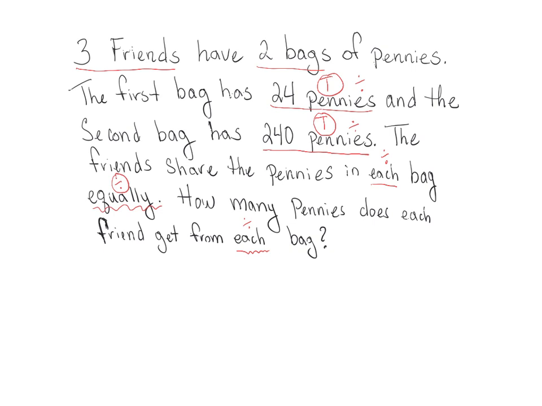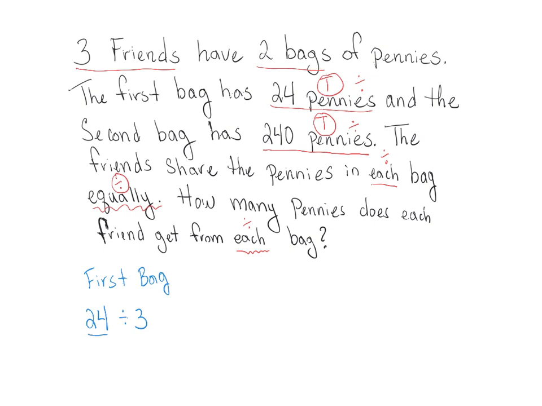So in our first one, we have to solve how many pennies each friend is going to get from the first bag. In the first bag, we've got a total of 24 pennies, and we need to divide them equally into 3 groups. So remember, our multiplication facts come really handy now.